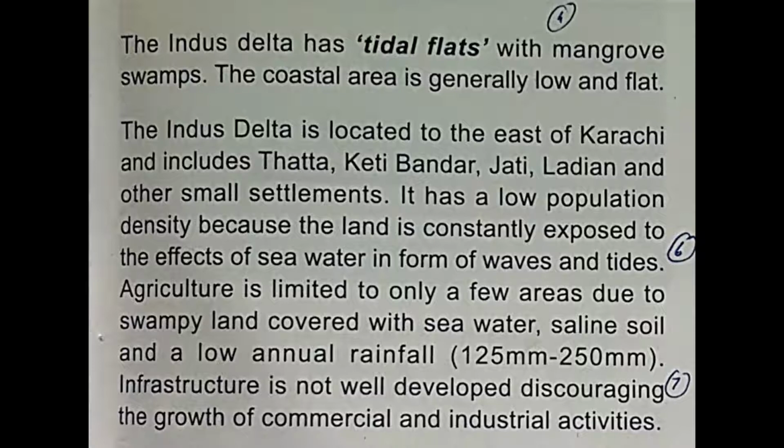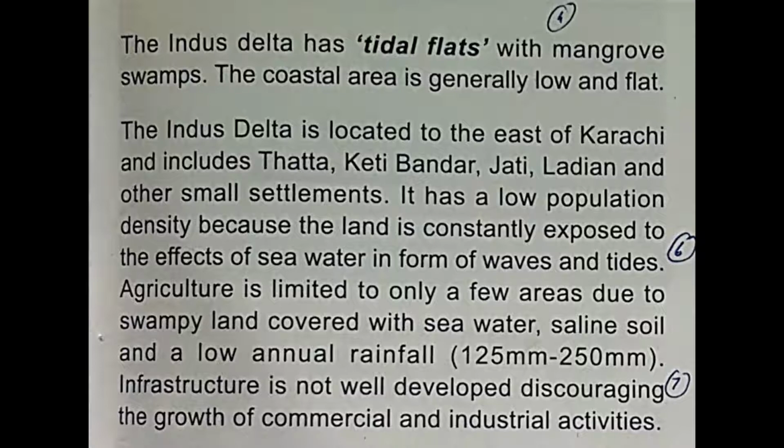Agriculture is limited to only a few areas due to swampy land covered with seawater, saline soil and low annual rainfall. So students, this land is mostly covered in swamps, which limits agriculture.